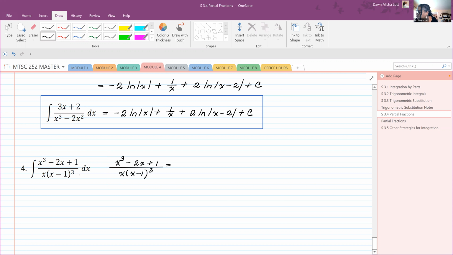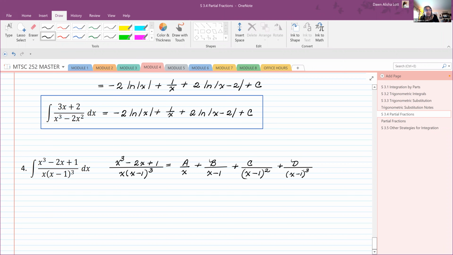Now notice this factor appears 3 times. So that's going to be a over x for the first one, but I'm going to have b over x minus 1, plus c over x minus 1 squared, plus d over x minus 1 cubed.